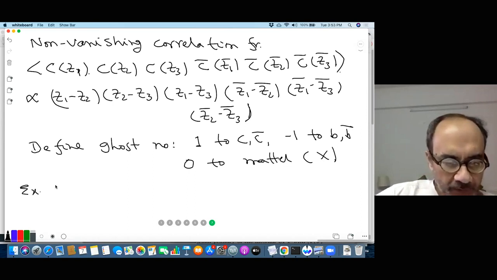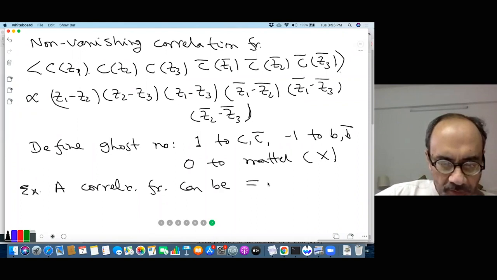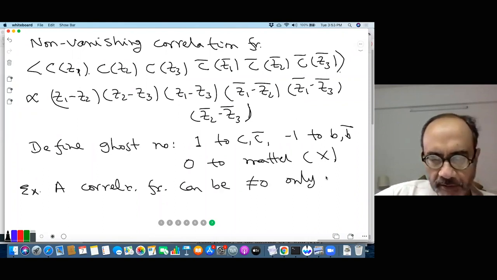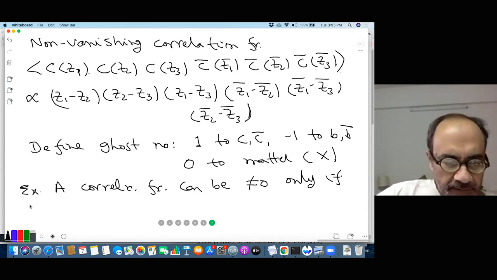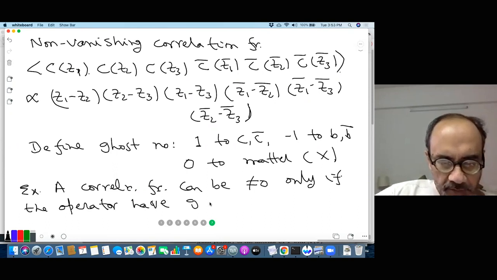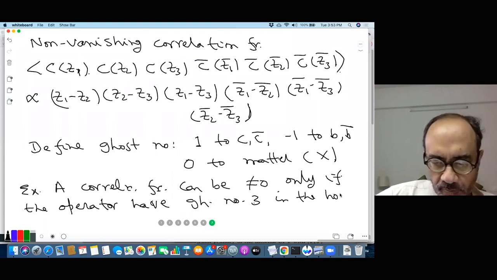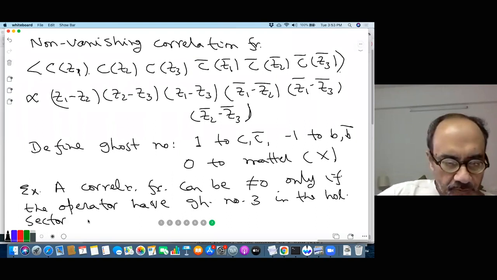Then one can show that a correlation function can be non-zero only if the operators have ghost number 3 in the holomorphic sector and ghost number 3 in the anti-holomorphic sector.